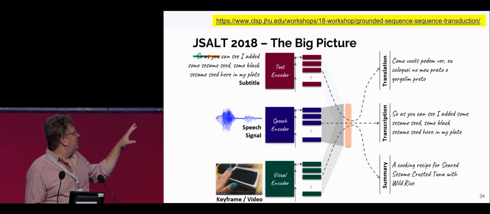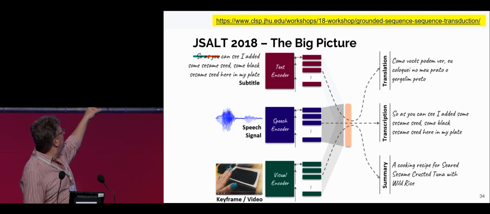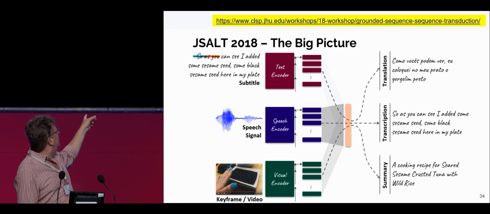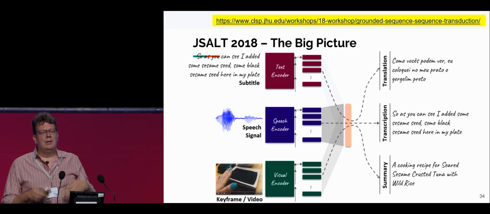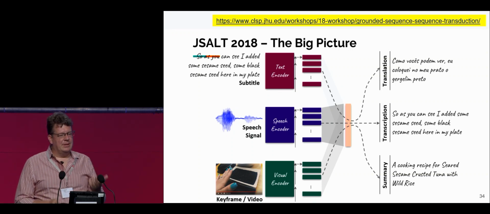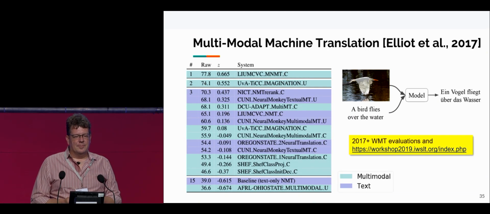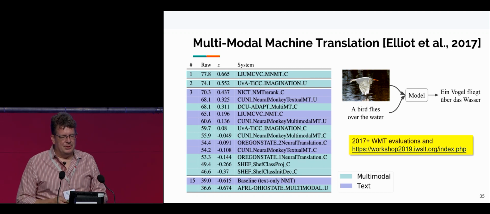So we have this big picture here, and you can say we can go from text to text in a different language, we can go from speech to text, or from speech to text in a different language, using the same architecture and using this idea of multimodal speech recognition or multimodal machine translation.